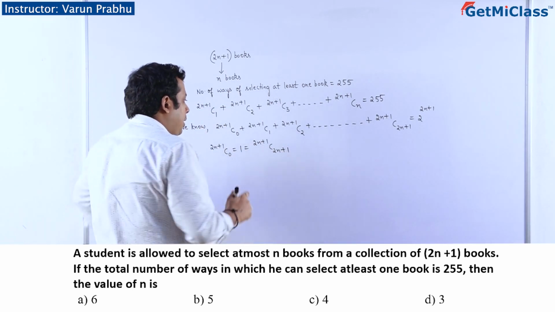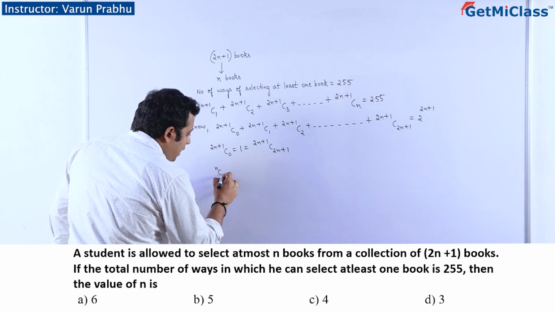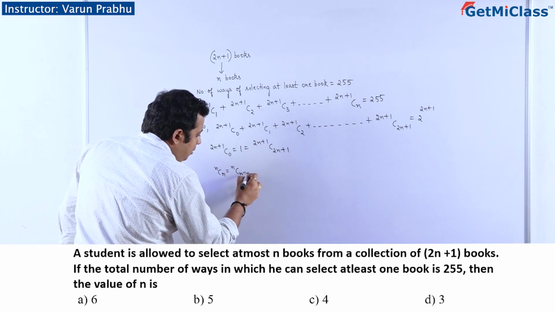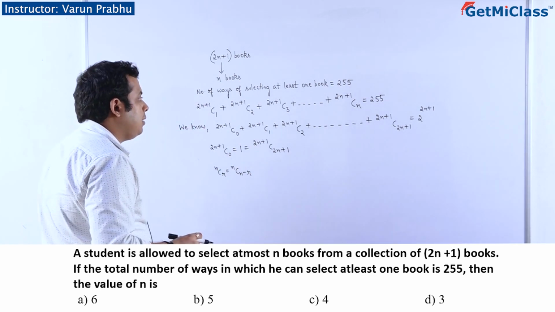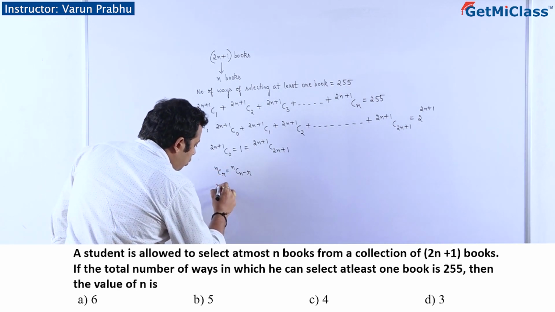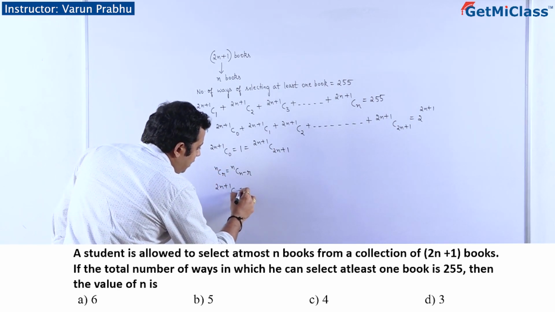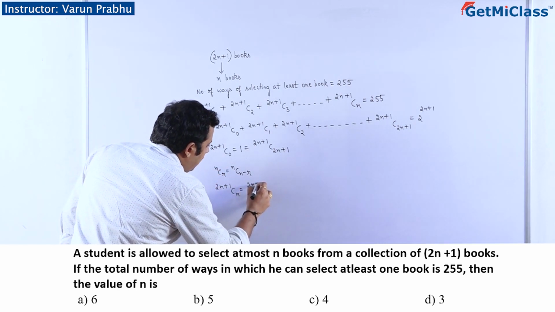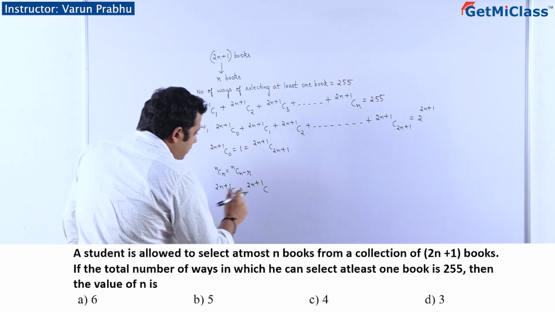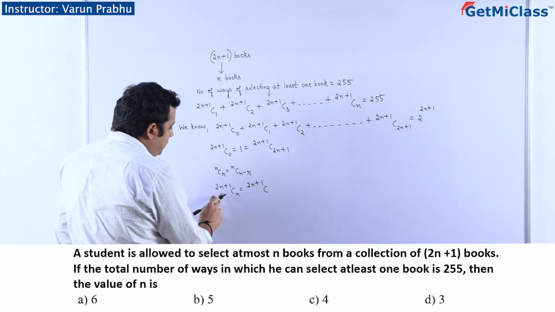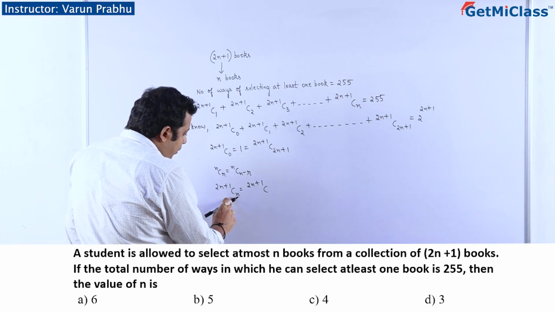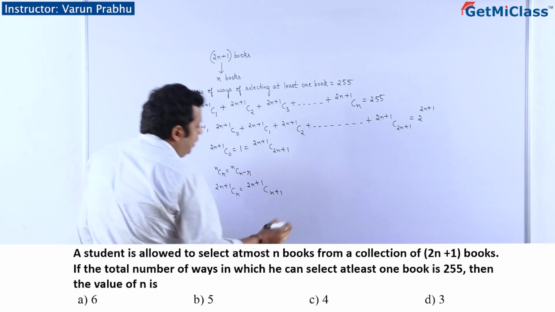Now we know the formula NCR equals NCN minus R, right? So I can say 2n plus 1 Cn is as good as writing 2n plus 1 C of N minus R, that is 2n plus 1 minus n, which will be equal to n plus 1, right?